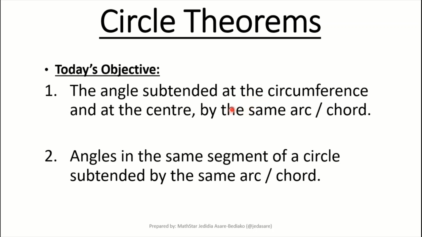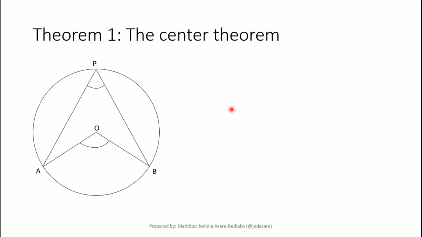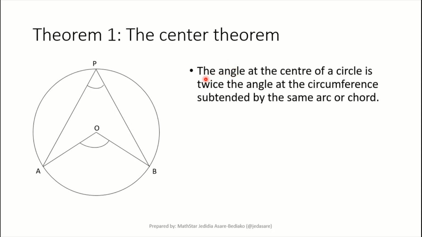The first theorem is what I call the center theorem. What does this theorem say? The angle at the center of a circle is twice the angle at the circumference subtended by the same arc or chord.